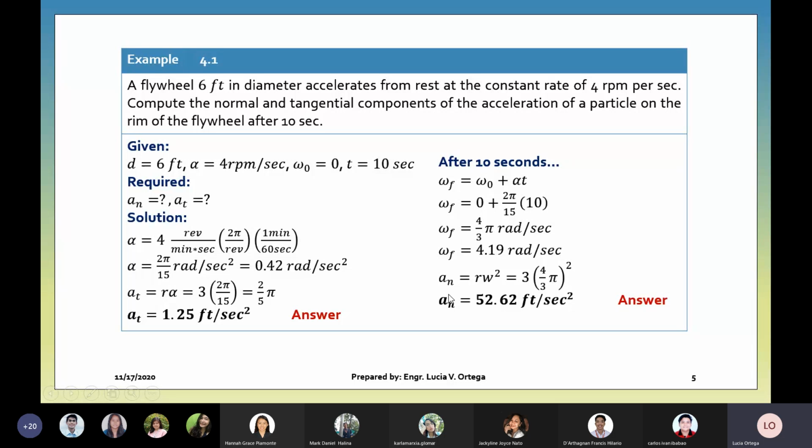So the normal component of the acceleration is equal to r w squared. So that is equal to 3 times (4 over 3 pi) squared. So this is the equivalent.